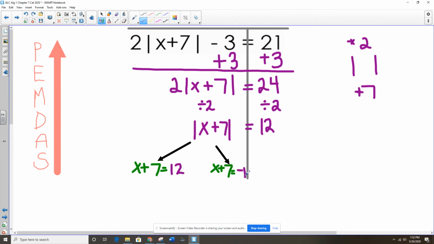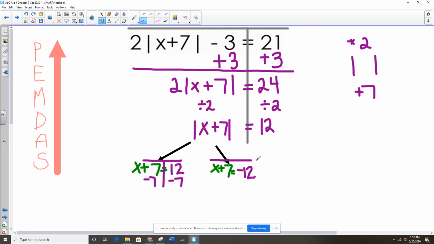So this kind of went on its own. The t-chart is no longer a part of it. We kind of lost our usefulness for it once we got down to just the absolute value. And then the last step is solving this. So how do you undo plus 7? Correct, you subtract 7. So you just got 2 mini t-charts here. And what is 12 minus 7?